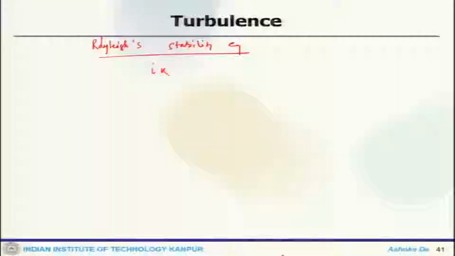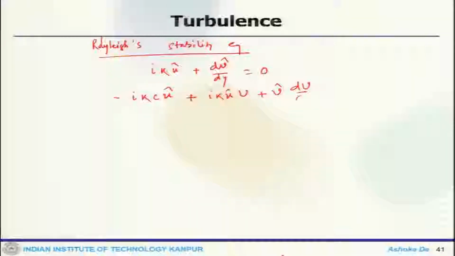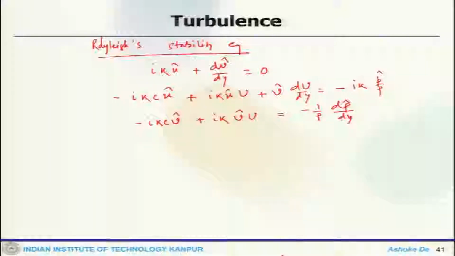We get i k u hat plus d v hat by d y equals 0, and i k c u hat plus i k U plus dU by dy v hat minus i k p hat by rho, and the third equation that we get is i k c v hat plus i k U v hat equals minus 1 by rho dp hat by dy.